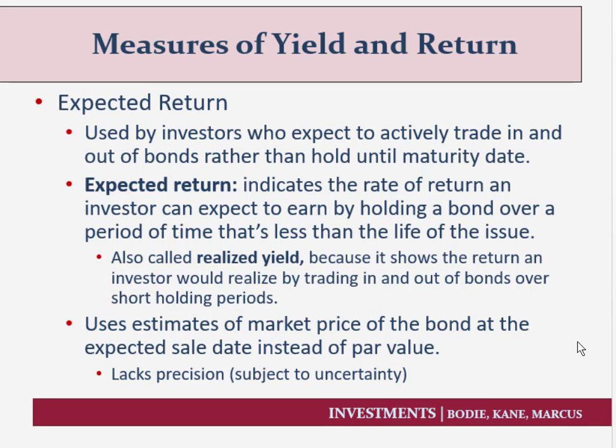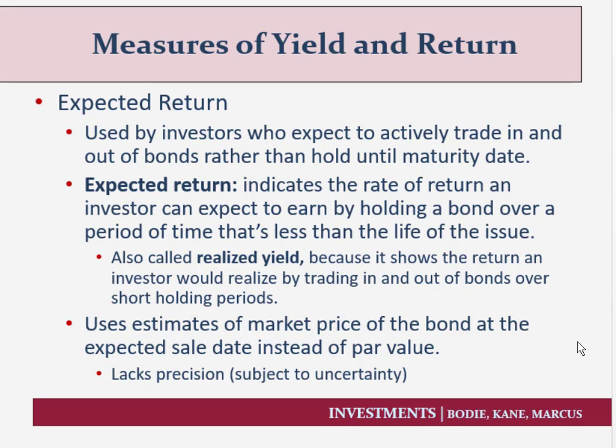So how am I going to do this? I need to understand what rate of return I'm going to get from this investment if I don't hold for 30 years, I don't consider the call, but what if I just want to hold it for 10 years? So we want to calculate what's referred to as an expected return or a realized return.